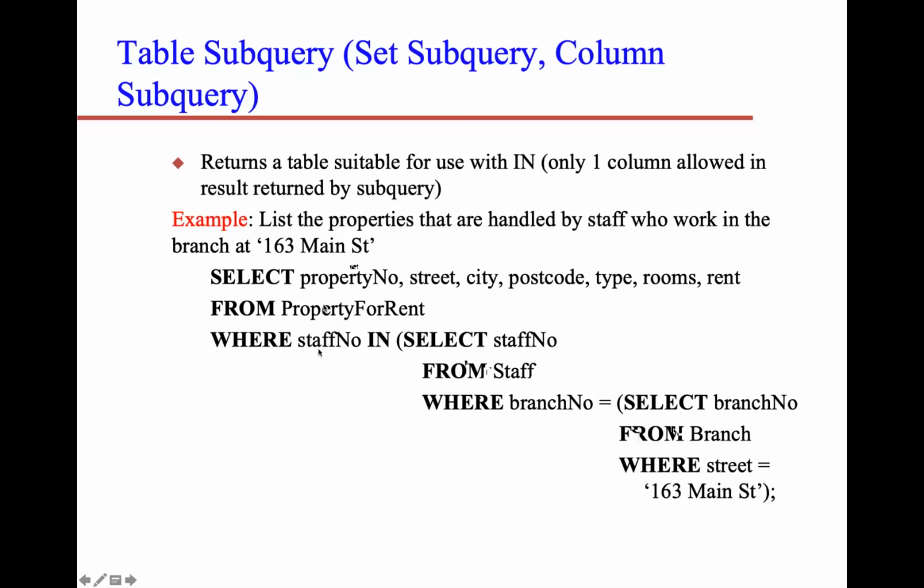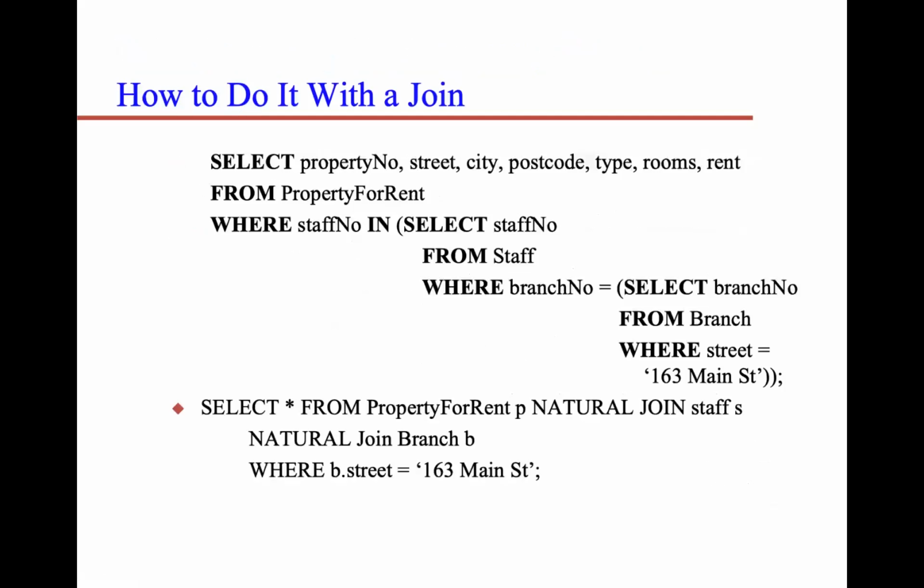So we're saying select all tuples from property for rent that have a staff number which is in, or matches, one of the tuples from the branch at 163 Main Street. Okay, so that's a table subquery.